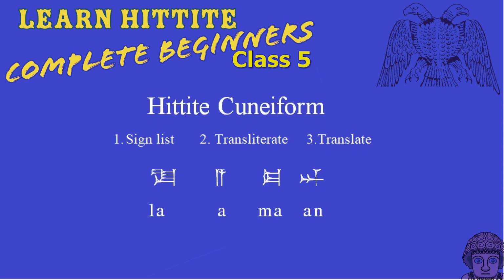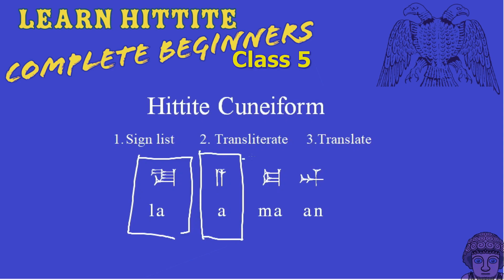Then what we need to do is transliterate the signs into our Latin alphabet sonic representation. So this first sign here, the sonic value is La. This second sign here, the sonic value is A. This third sign here, the sonic value is Ma. And the fourth and final sign, the sonic value is An.